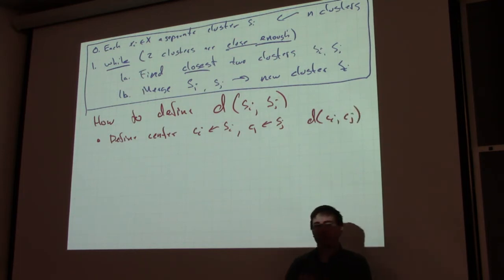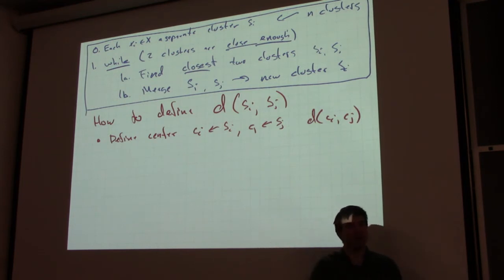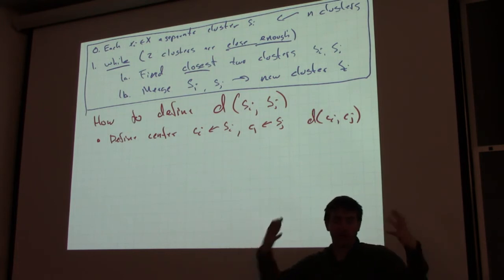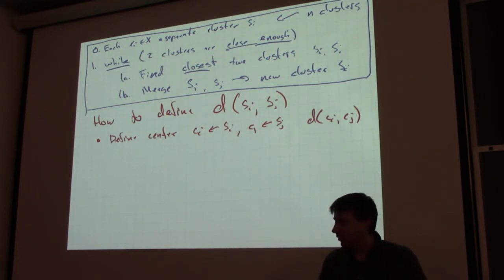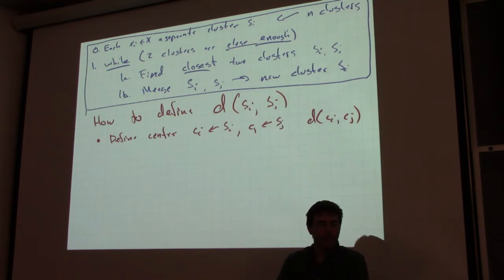Okay? But then we have a sub-question, how do we define the center of a cluster? This is a big class. This is a very good suggestion. There are a lot of variants that use something like this. But we need to define the center. And you had said, like, the centroid.